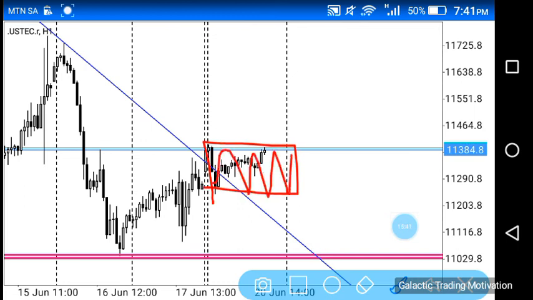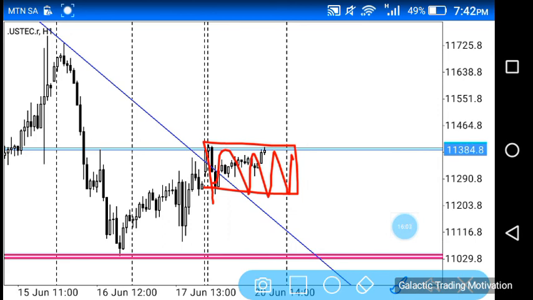There wasn't really much movement in the market, because it's a holiday, hence the market is moving sideways. And what the market maker is actually doing is collecting orders for tomorrow and for the rest of the week.